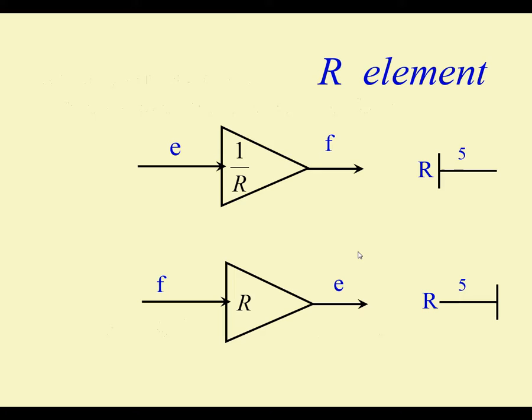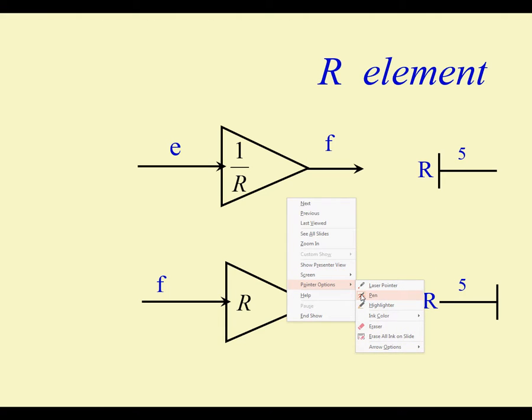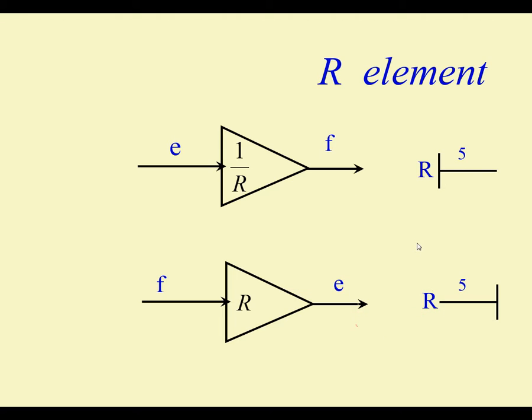Okay, so those are the two forms that we have in writing the constitutive equations for the element. So in here, if the effort is multiplied by 1 over R, you have the flow. That's what this is. Let's see if we could change the pen color to see if this could be easier to write.